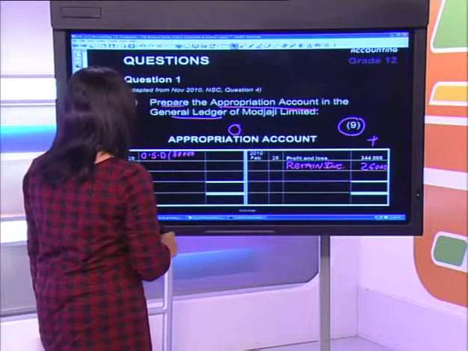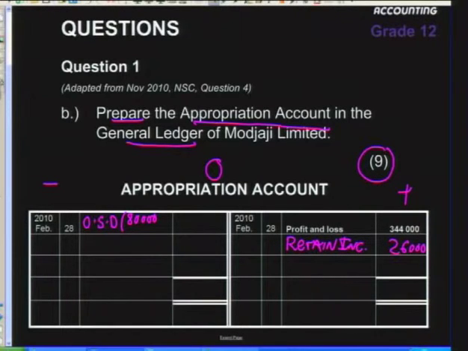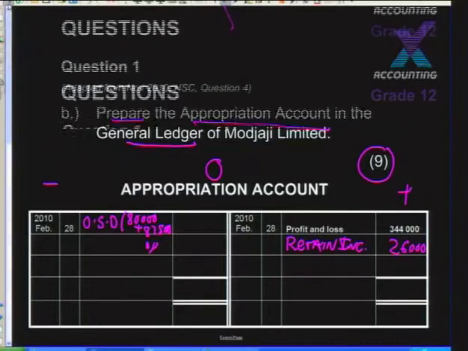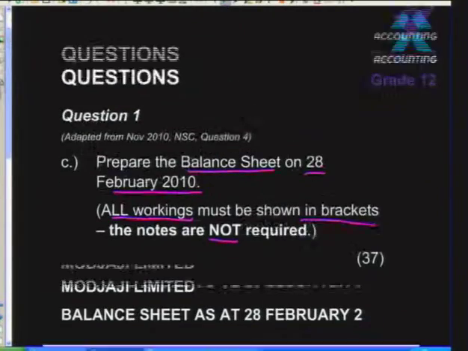So let's now slot that in. Let's go back to the answer sheet. So appropriation account, there's my interim, but I now have my final dividend. So I'm going to add to this amount, let's just get that out, plus 87,500, guys. Okay, and then to my balance sheet, which is on the next page, just find that quickly.